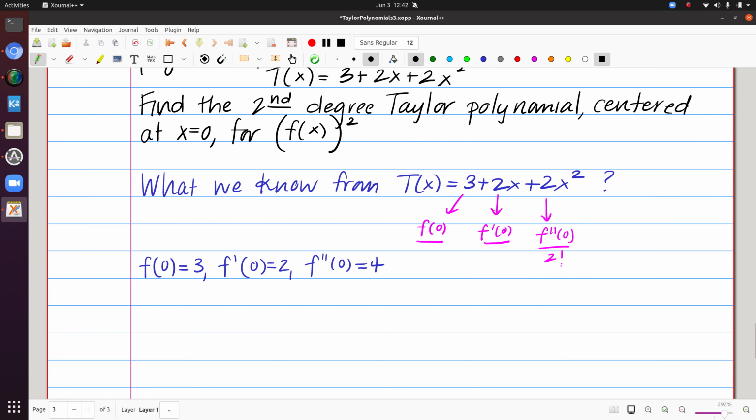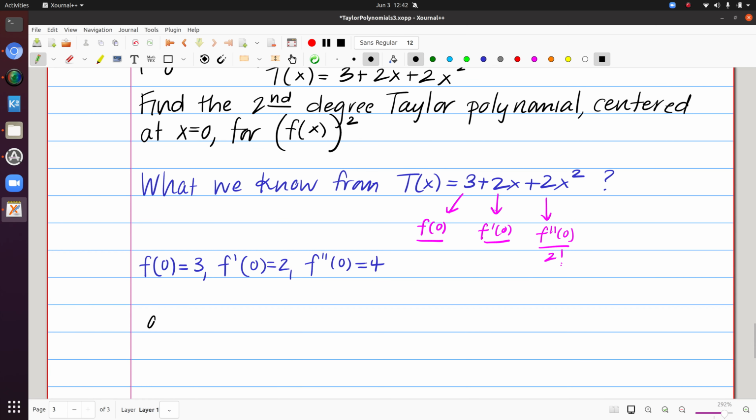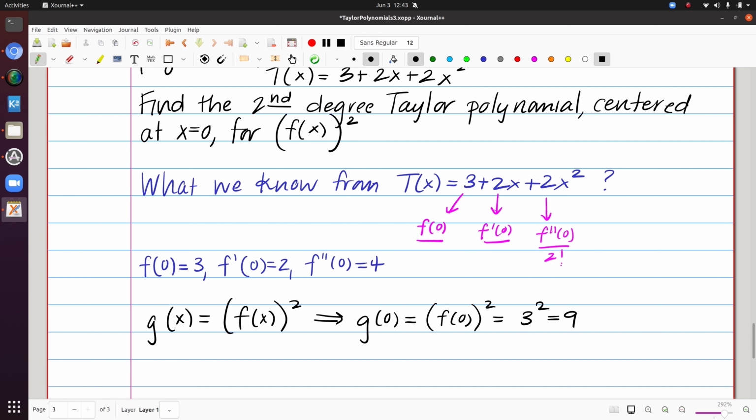So let's think about the function f of x squared. Let's give that a name. So g of x is the square of f of x. And we want to find the second degree Taylor polynomial centered at 0. So we need to know g of 0. But that's just f of 0 squared. F of 0 is 3, so we already know that that's 9.